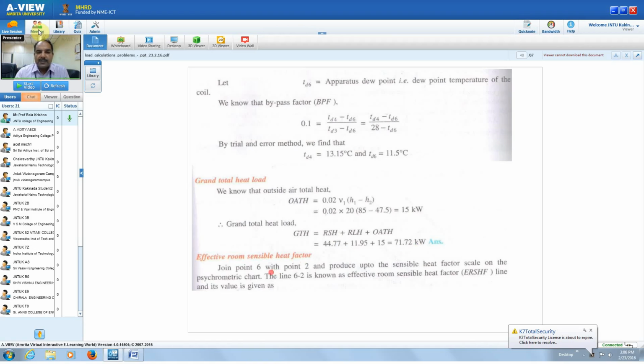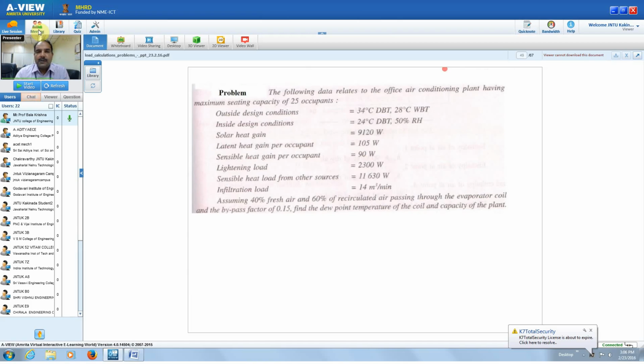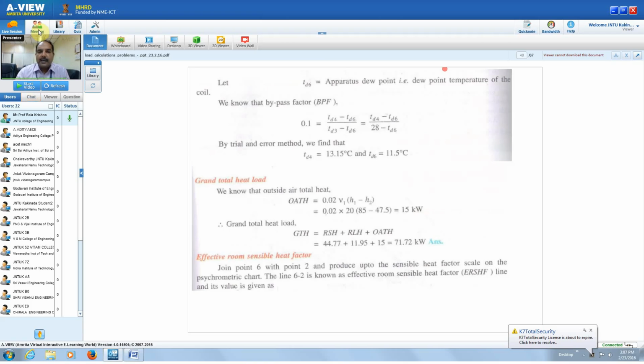For the effective room sensible heat factor, join 0.6 with 0.2 and produce it up to the sensible heat factor scale on the psychrometric chart. The line 6 to 2 is known as the effective sensible heat factor line, and its value is given in the diagram.